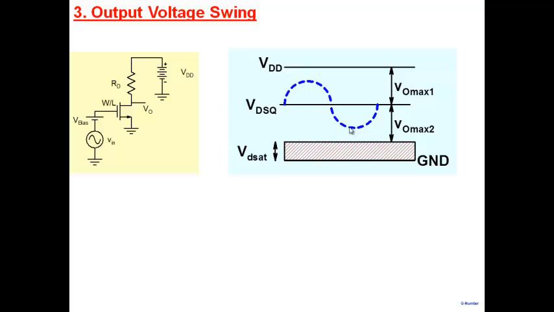And what we have to do is ensure that my transistor remains in the saturation region. If the transistor goes into the triode region, then you start getting clipping and you start getting distortion. Now, how do I prevent my transistor from entering into the triode region? Well, we have to ensure that it doesn't enter into this particular band here.